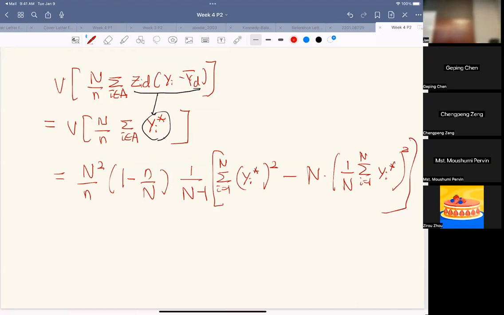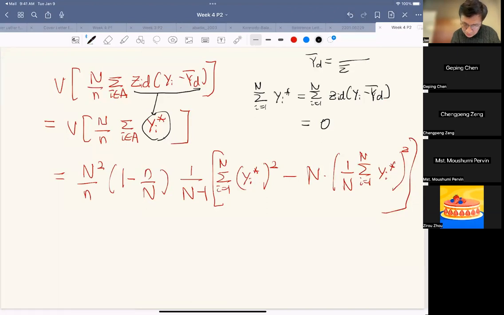I just wrote down the formula for s squared in more detail, nothing else. And then you recognize that the summation of y_i star is indeed 0, because of the definition of Y bar d. Y bar d is indeed this.